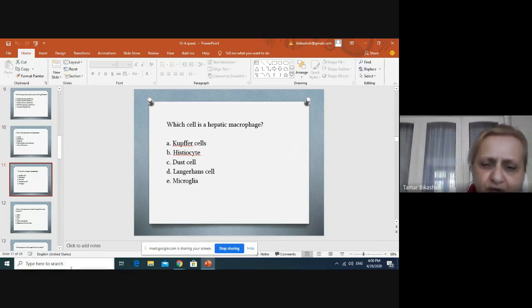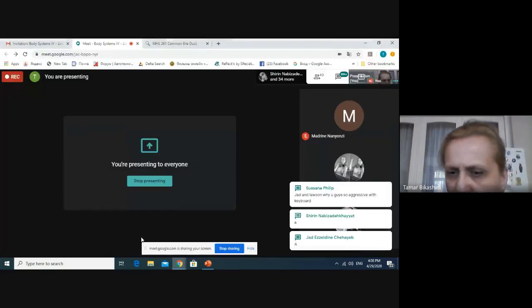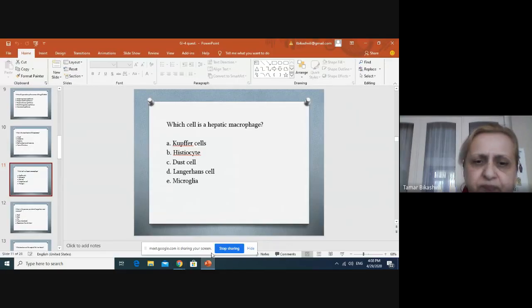Of course, you know the answer. A. Yes. The Kupffer cells are the specific macrophages of the liver.